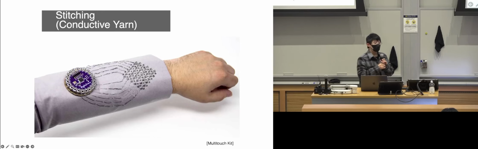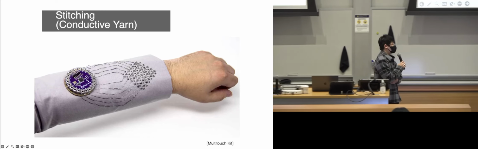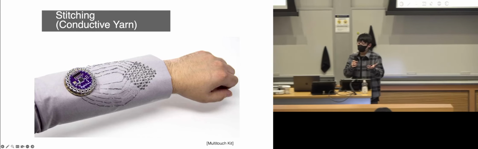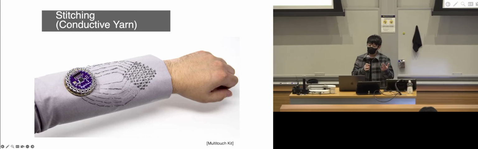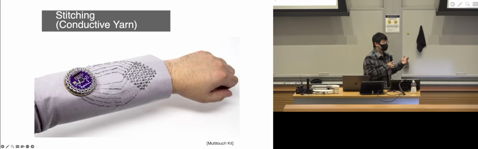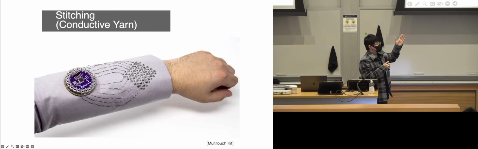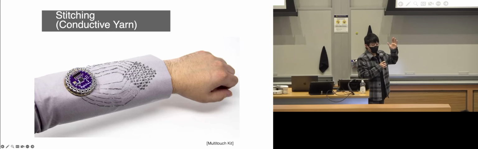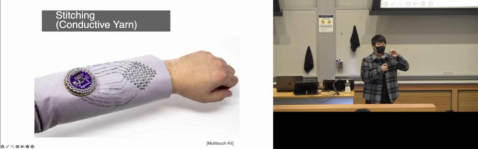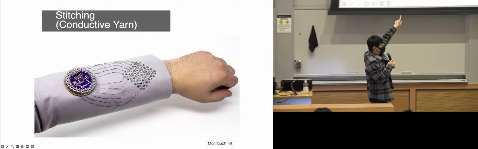We also have conductive yarns. So you don't necessarily always have to have your circuits on a rigid, silicon-based substrate, right? You can also have them on soft fabrics. This is one of the implementations people do. They have a toolkit of sensor modules, namely this one called LilyPad.